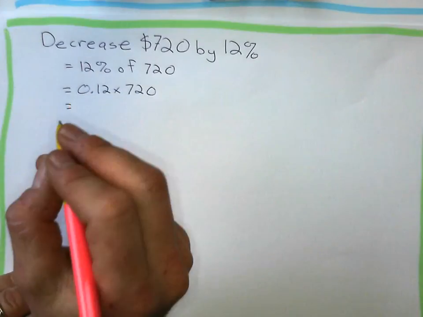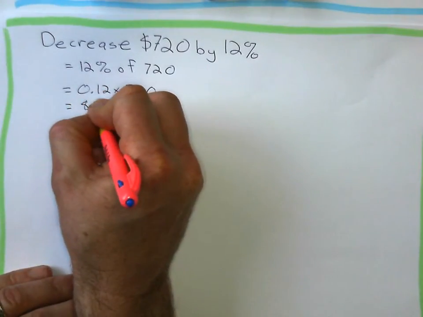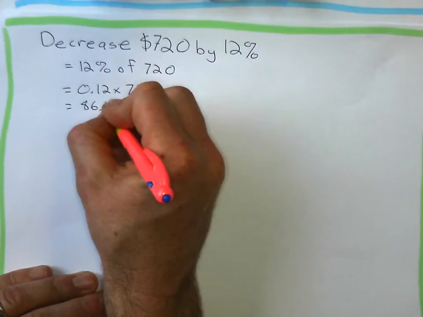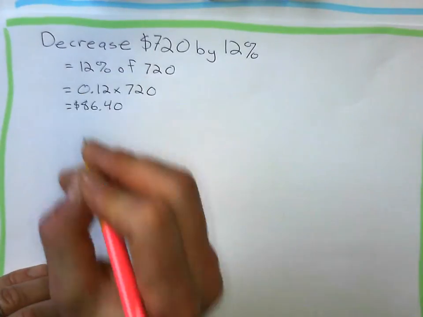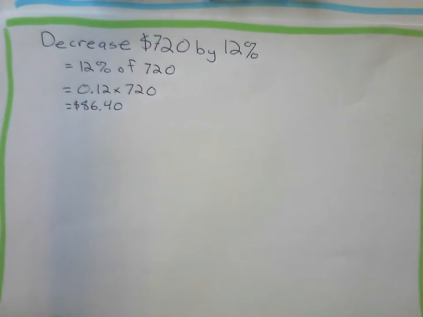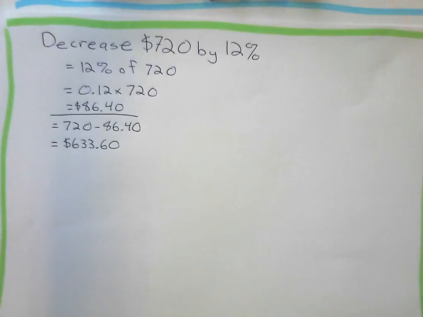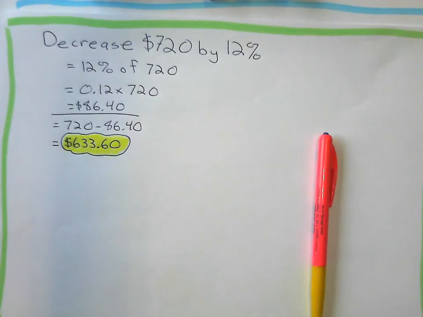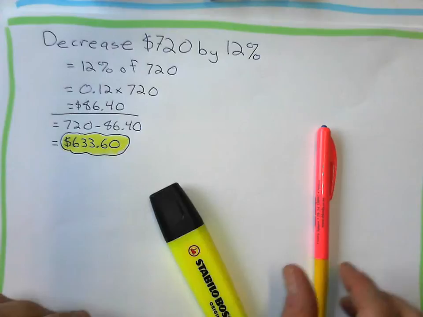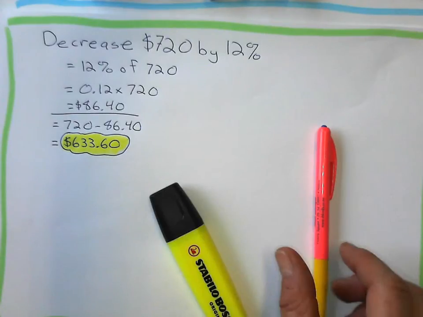I get $86.40. That's what 12% is. And I take that away from 720. And I get $633.60. And usually in math, not always, but the best method is the one that has the fewest steps.